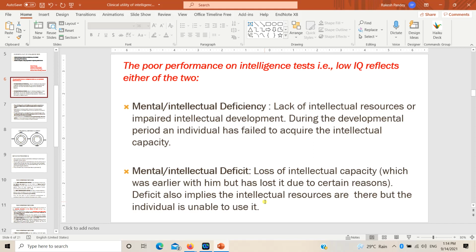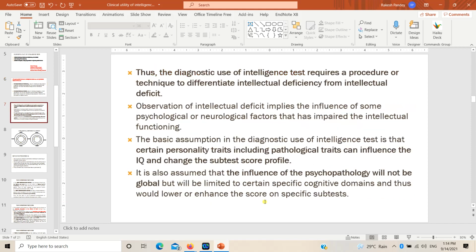But in case of psychopathology, the intellectual resources may be there, but because of the psychopathological condition, the individual may not be able to use those resources, and therefore he or she may show low scores, low performance on an intelligence test. For clinical utility, we need to differentiate between these two conditions. So we have to learn the techniques and procedures that can differentiate intellectual deficiency from intellectual deficit.